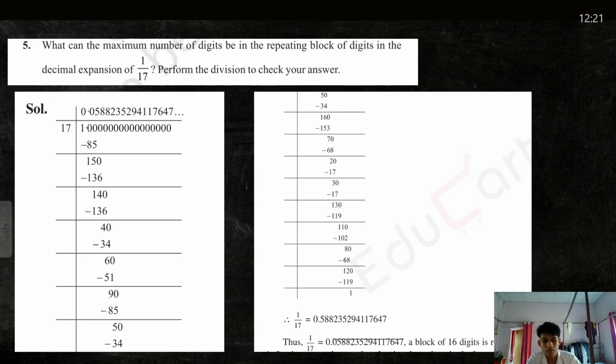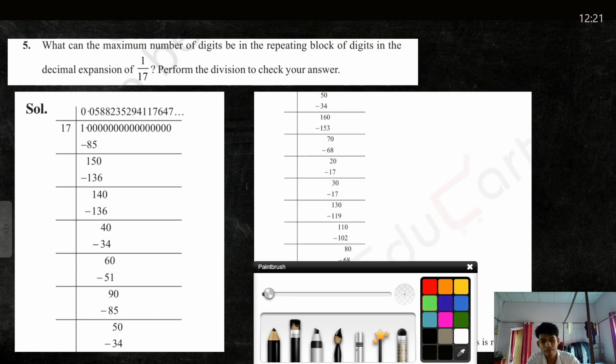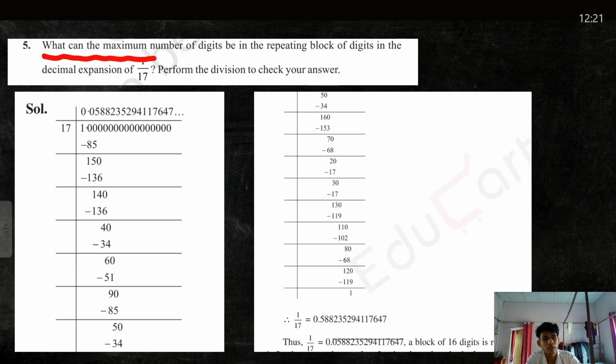Now comes question number 5. What can be the maximum number of digits p in the repeating block of digits in the decimal expansion of 1 by 17? Perform the division to check your answer.